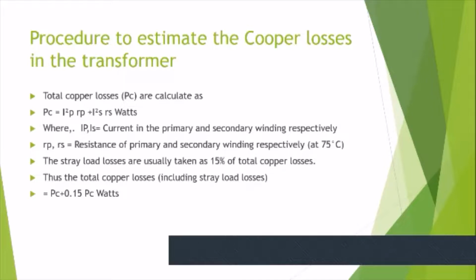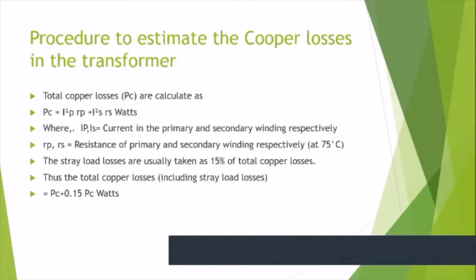This is the procedure for the copper losses in the transformer. Total copper losses are calculated as IP squared RP plus IS squared RS, denoted in watts, where IP and IS are the currents in the primary and secondary winding respectively, and RP and RS are the resistances of the primary and secondary winding.